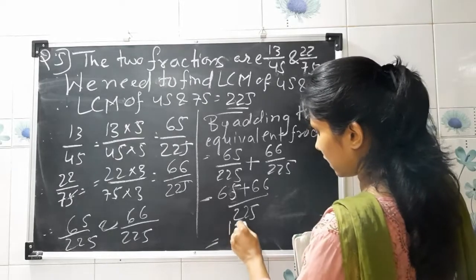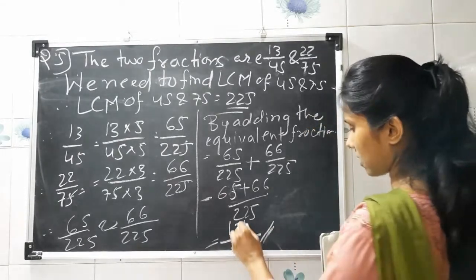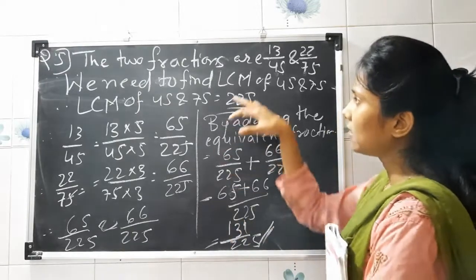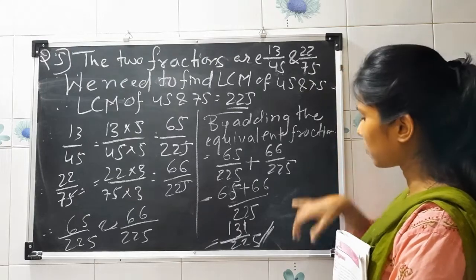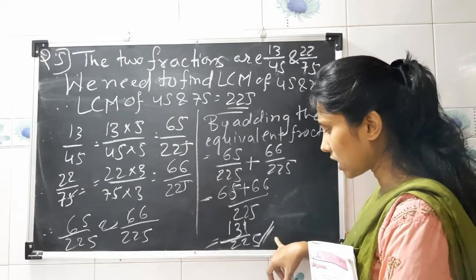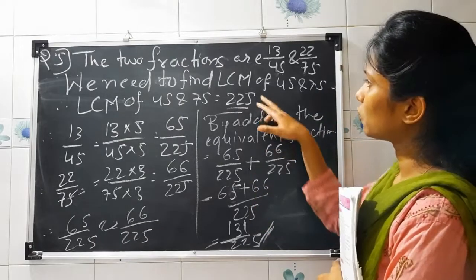So 131 upon 225. This is your answer. So after adding these two fractions, 13 upon 45 and 22 upon 75, we will get the answer 131 upon 225.